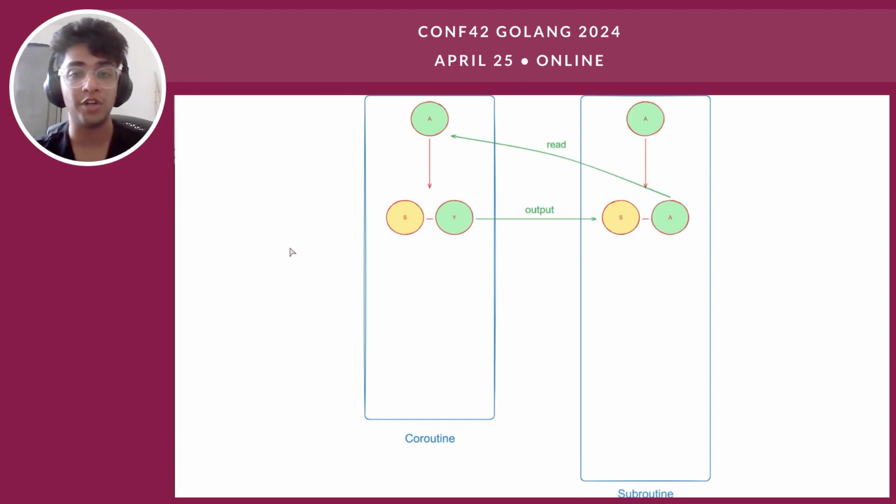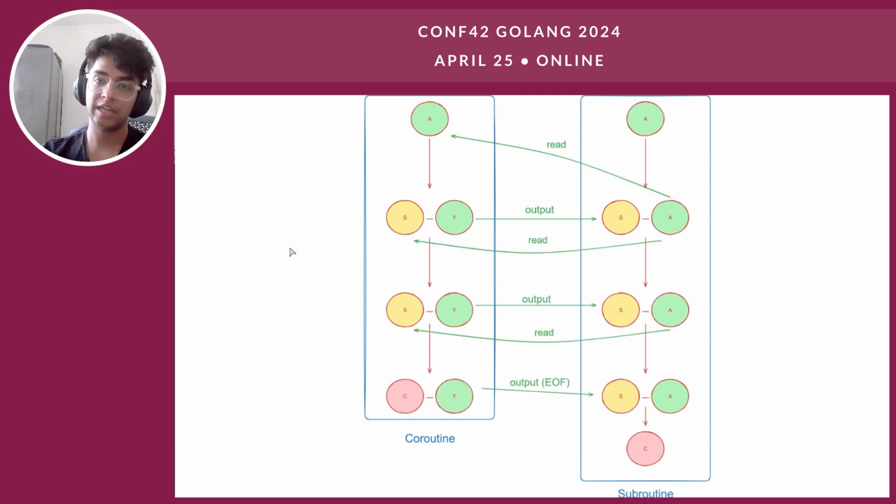The next time the subroutine wants to read from it, it can just resume this coroutine, which starts running from its previously stopped position and outputs the new value that the subroutine requires, which can be read by the subroutine, and so on and so forth. So it ends up looking like this. Every time this subroutine wants to read from a coroutine, it plays this coroutine back, which starts executing again from the last time it stopped.